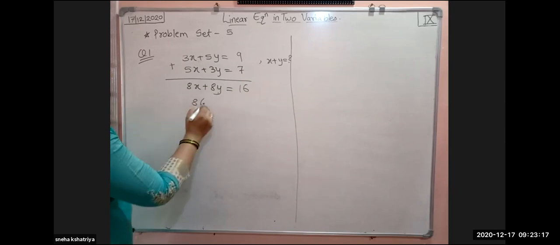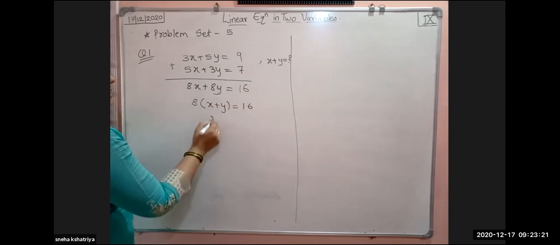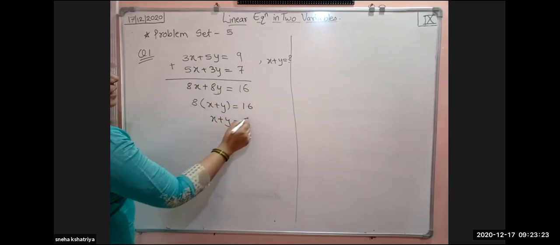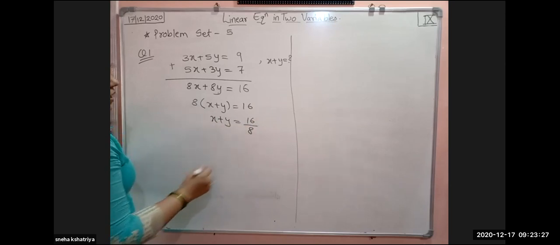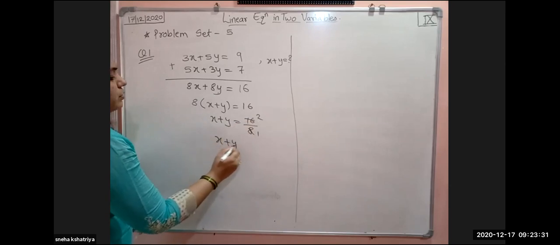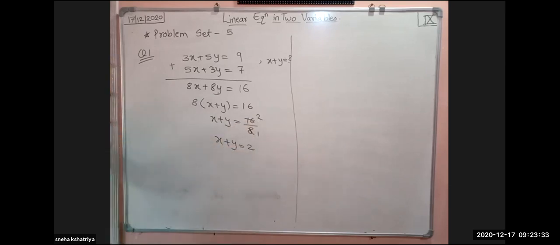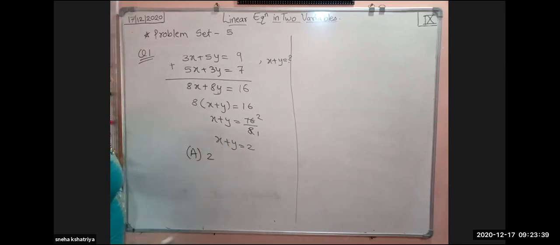In the bracket it remains x plus y, which is equal to 16. So x plus y is equal to 16 divided by 8. 8 ones are 8, 8 twos are 16. So the value of x plus y is equal to 2. So the correct alternative is A. For the first example, your correct alternative is A, that is 2.